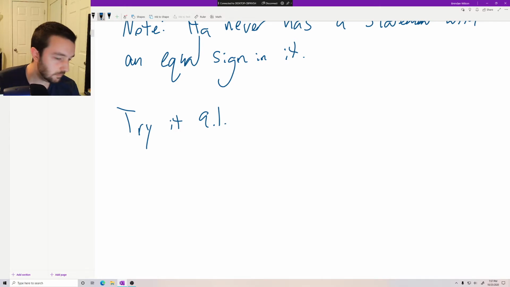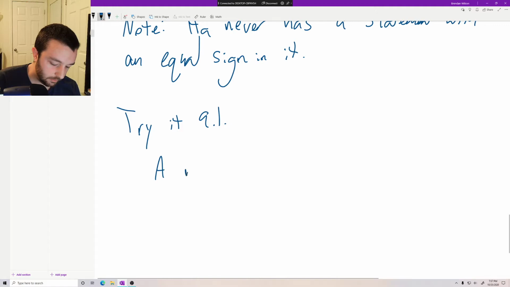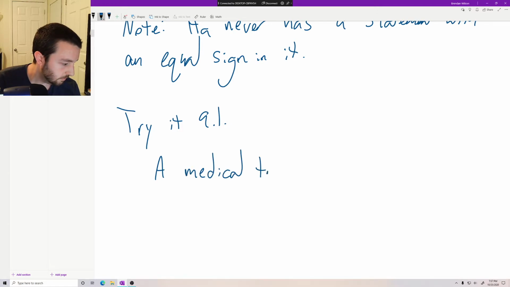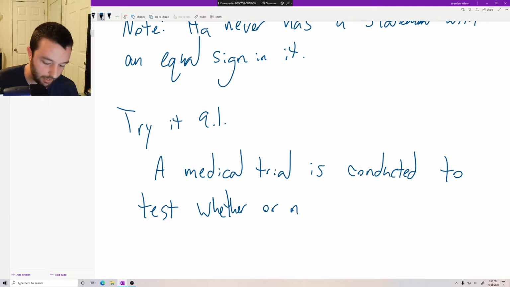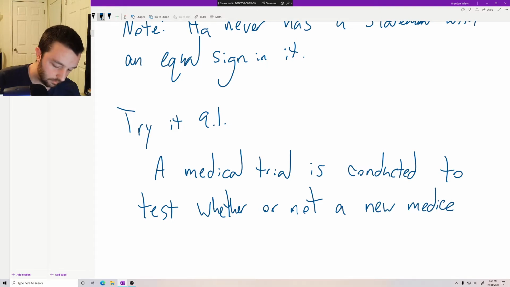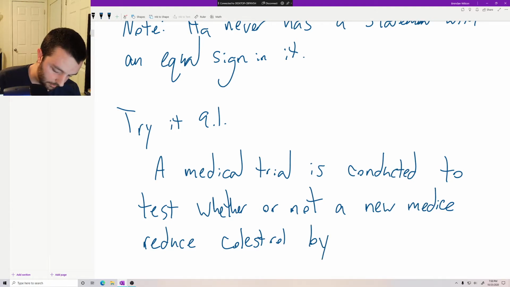It says a medical trial is conducted to test whether or not a new medicine reduces cholesterol by 25%.